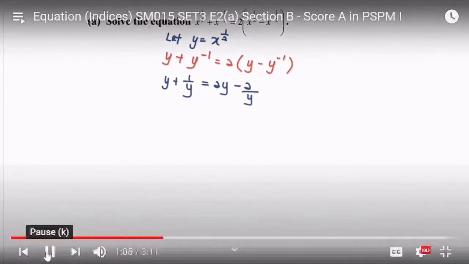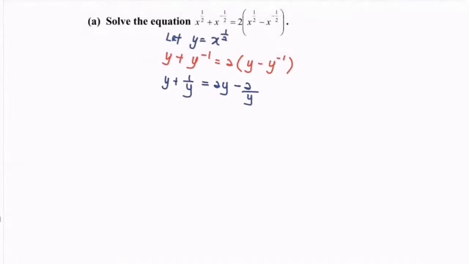Okay, so sampai sini dah nampak tak pattern dia apa? Maksudnya kita kena simplify atau kita boleh multiply both sides with y supaya kita dapat quadratic. Kemudian kita boleh factorize. Betul tak? Okay. Multiply all the elements with y and we will have y squared plus 1 equals to 2y squared minus 2.